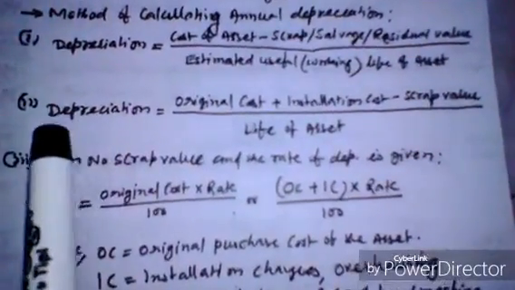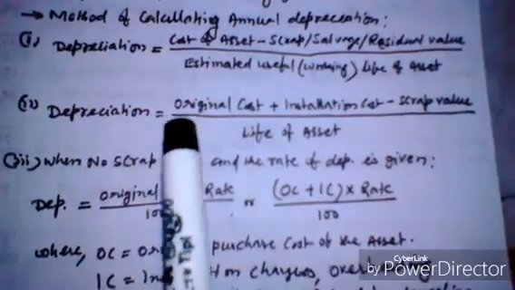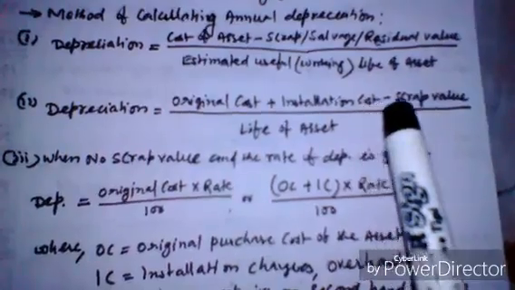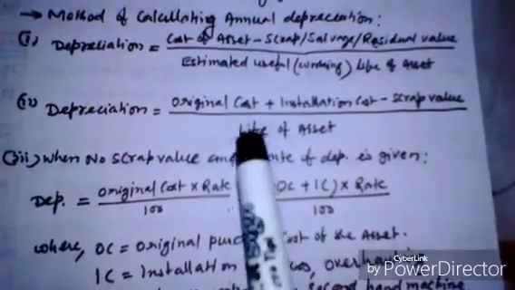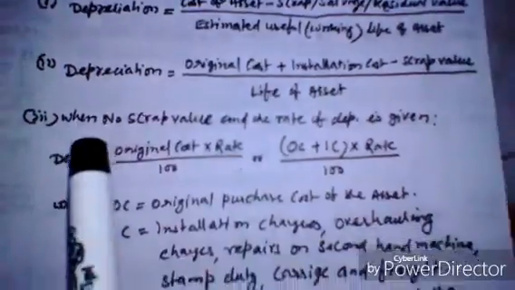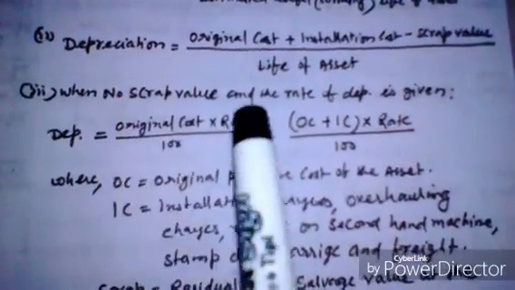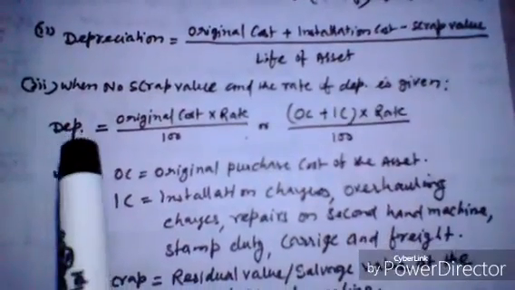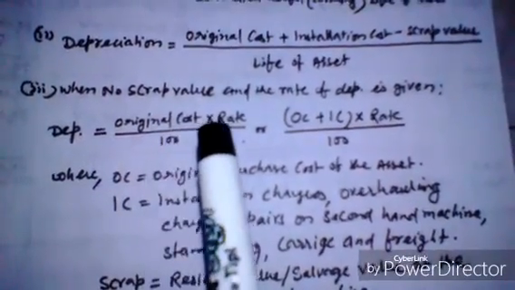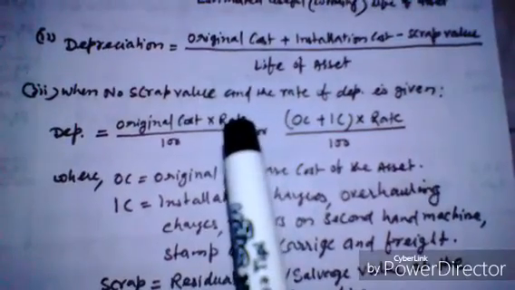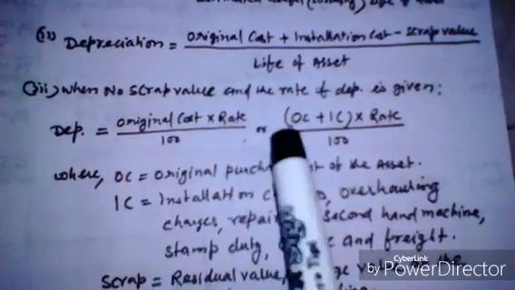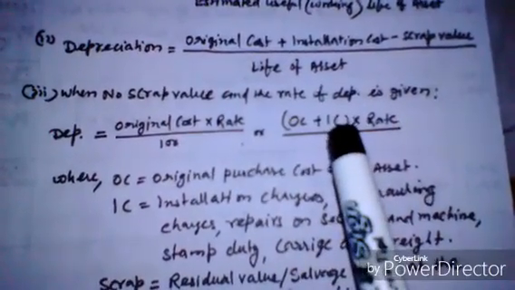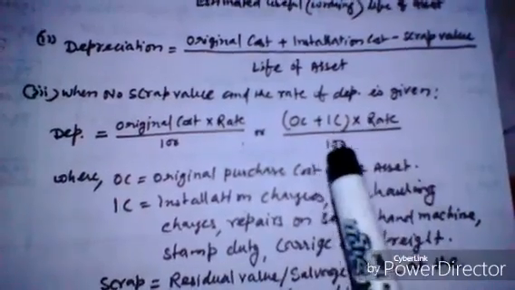Second formula: depreciation is equal to original cost plus installation cost minus scrap value, divided by life of the asset. Third, when there is no scrap value and the rate of depreciation is given, then depreciation is equal to original cost into percentage of depreciation, that means rate, divided by 100, or original cost plus installation cost into rate divided by 100.